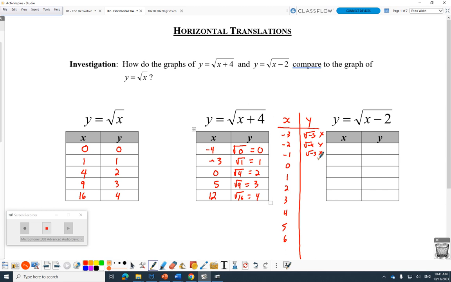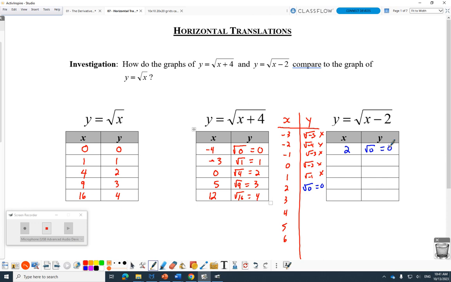What's the first one that we can actually do here? -2, no. -1, no. Square root, oh, there's the one. That should have been in blue. 2 minus 2 is 0. There's the first really good point for my table. So I'll put it onto my clever table.